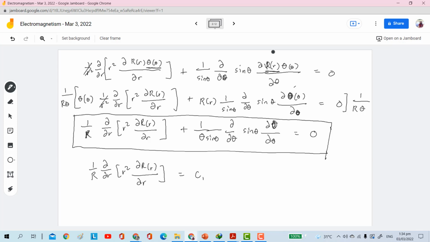And then this one, 1 over theta sine theta partial derivative of sine theta multiplied by d theta with respect to theta. This is equal to C2. But we know that if we add C1 plus C2, this is equal to 0, right? So when we add C1 and C2, it should be equal to 0. Okay.